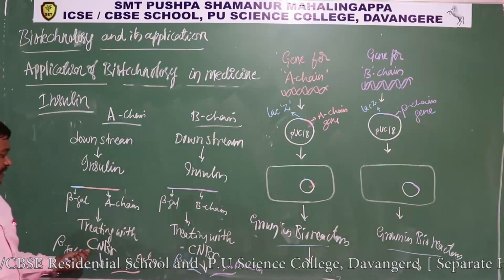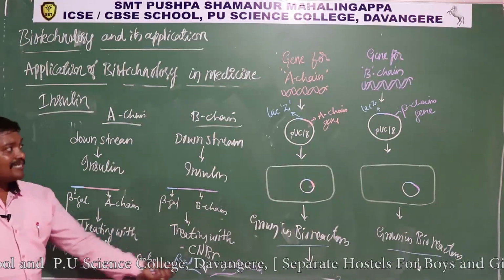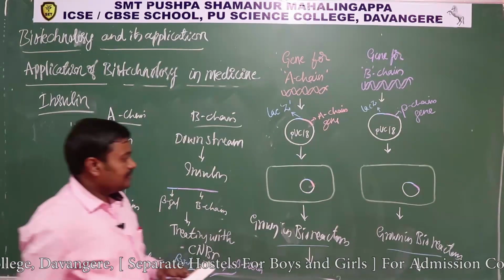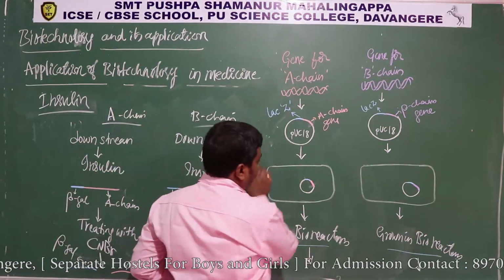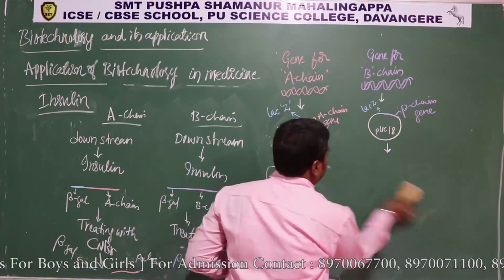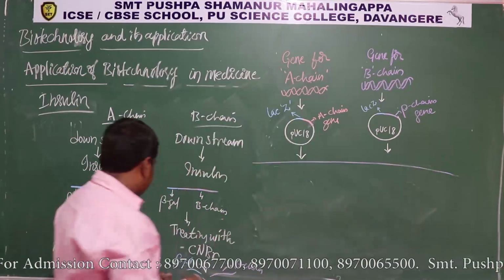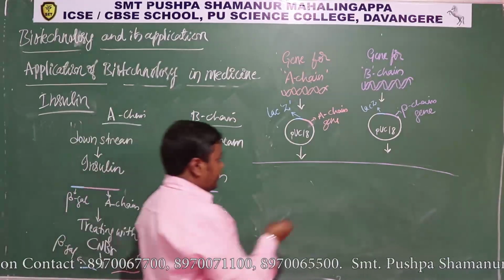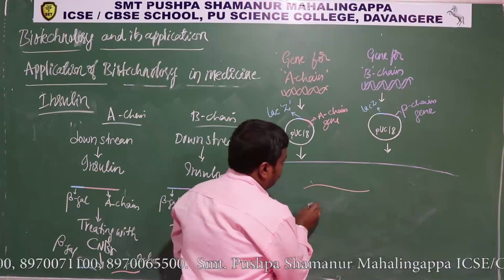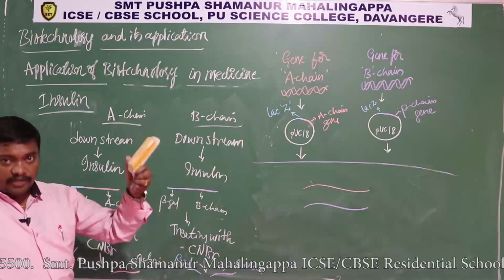Okay, look, after treating with CNBr, A chain and B chain are separated from beta galactosidase. Okay, so let me write here. So now they separated this A chain and B chain through the downstream process from two different bioreactors.